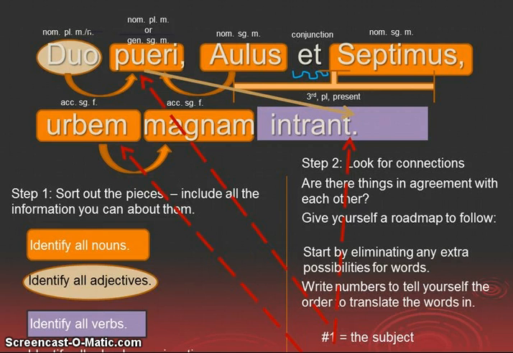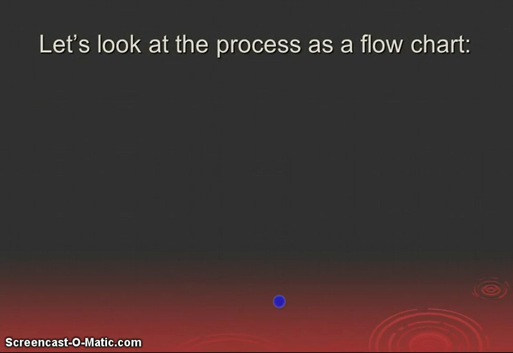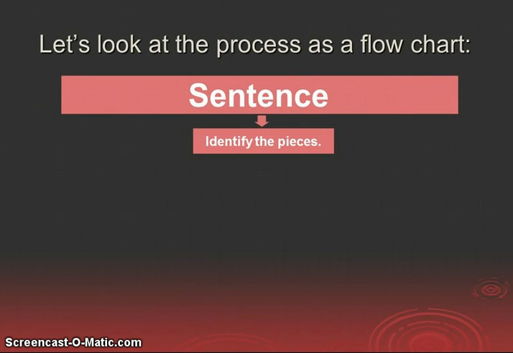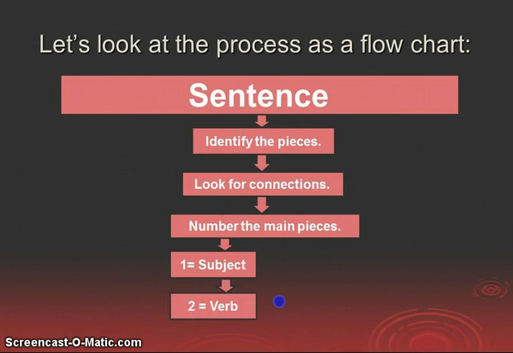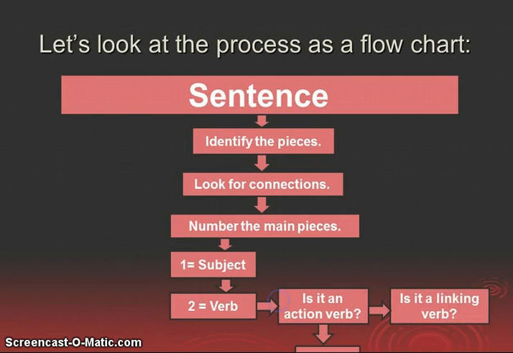Urbem could be the direct object because it is in the accusative case. And here's what our sentence would look like. We've attacked a sentence, we've identified the pieces, we've looked for the connections, we've numbered the main pieces. Number 1 is the subject, number 2 is the verb, number 3 depends on whether it is an action verb or a linking verb. And since it is an action verb, we know we have to have a direct object to receive that, and that would be the third part.